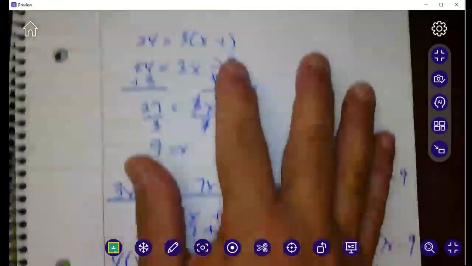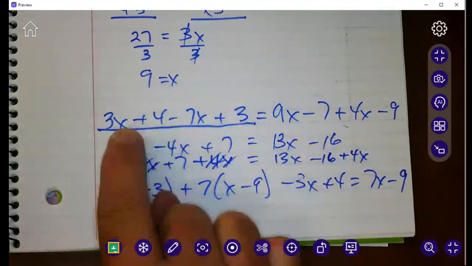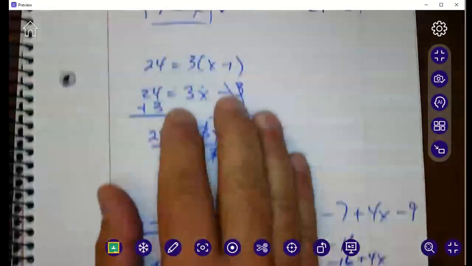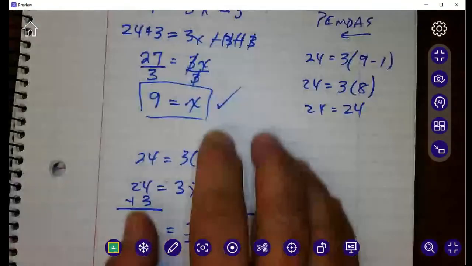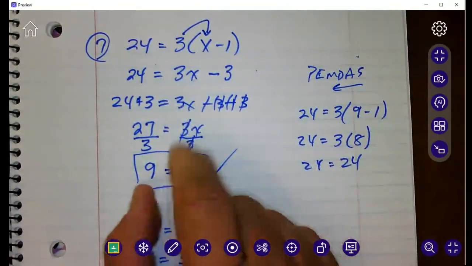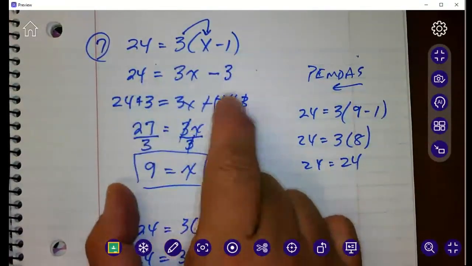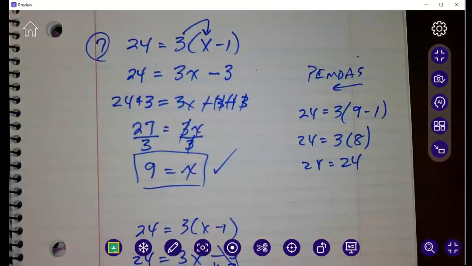Okay? But this is going to be really hard if you don't learn this, and showing the steps and writing it down. A lot of students like to say, oh, I don't need to write stuff down. I don't have to do that.